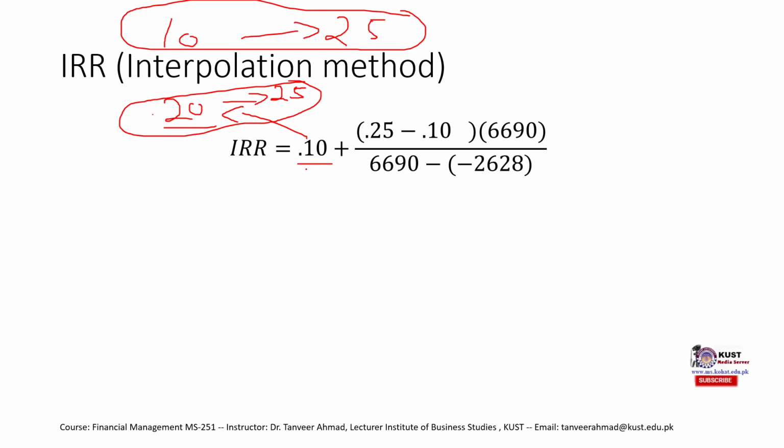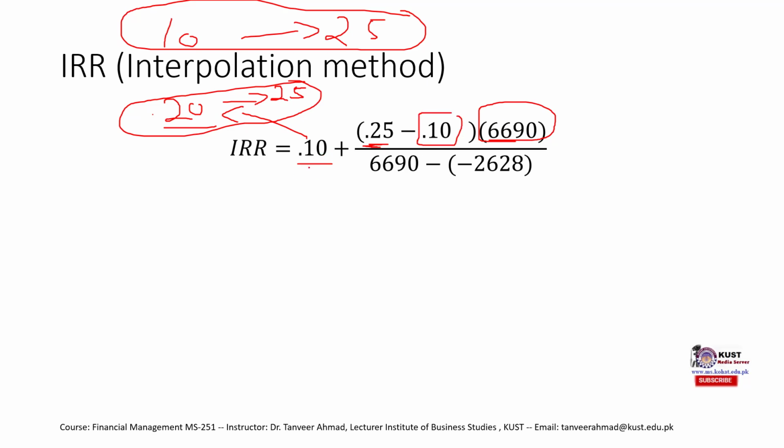So IL, 10%, the lower interest rate at which NPV was positive. IH, the higher interest rate at which NPV was negative, was 25%. We minus the 10% discount rate. Now this is the NPV that we are going to take, the NPV that we found using IL. So at 10%, our NPV was 6690.